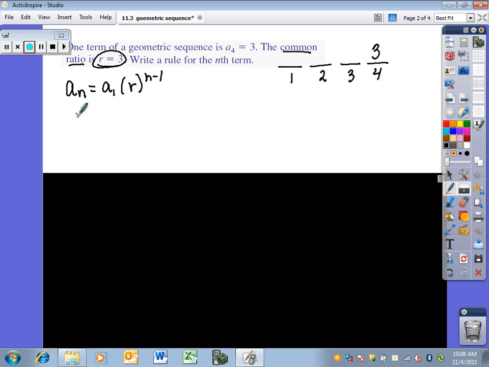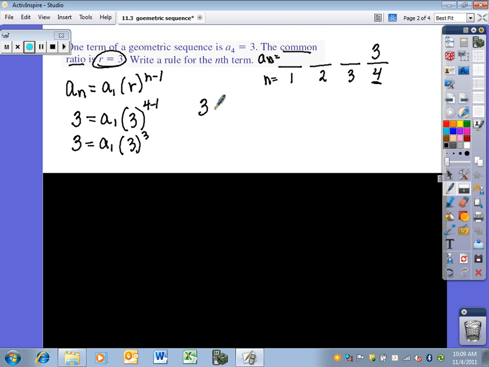So my fourth term, 3, will equal, I don't have the first term, times my ratio, which was 3, to the n is 4, to the 4 minus 1. So we get 3 equals a sub 1 times 3 cubed.